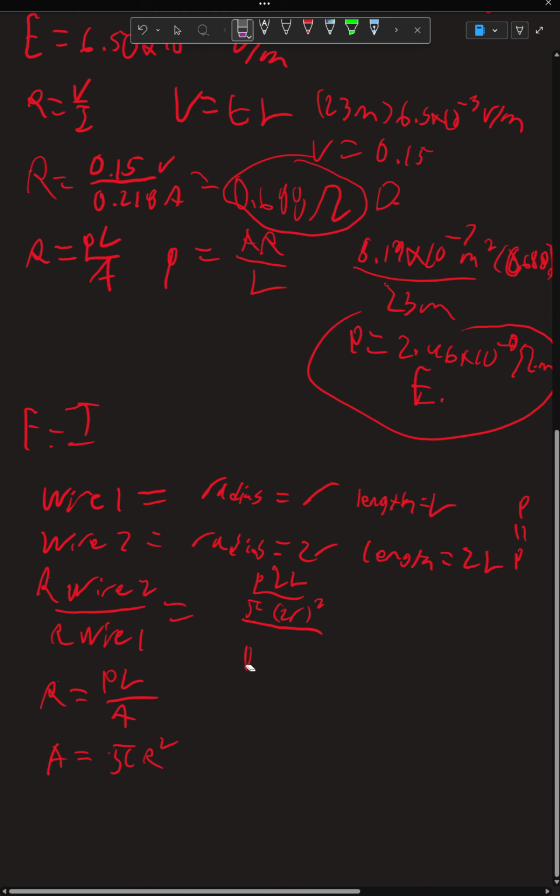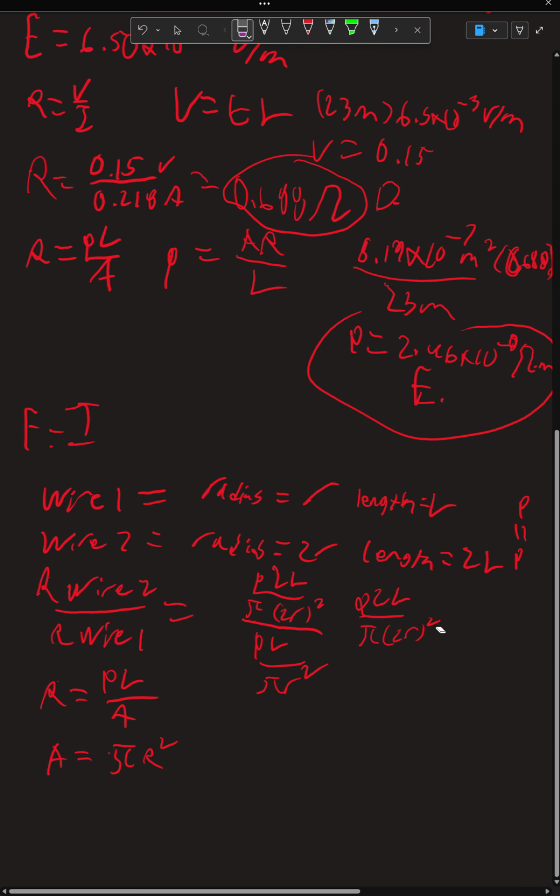That's going to be over ρL, which is wire 1, over pi r squared. So now we're going to have to divide from each other. It's easier to just flip it to the reciprocal. It'll just be ρ2L over pi 2r squared.